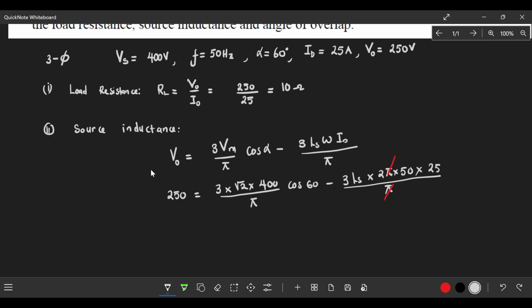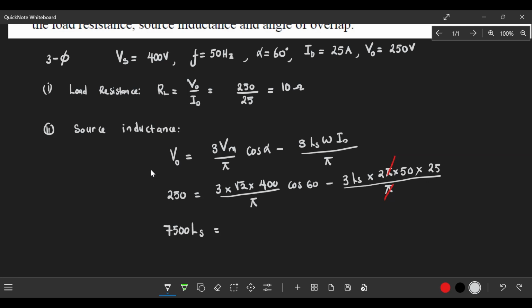Just like before, we can rearrange this. Let's first simplify this part here. What is the product of 3 times 2 times 50 times 25? This is 7,500, and I'm going to move this term to the left-hand side of the equation, so I end up with 7,500 Ls.